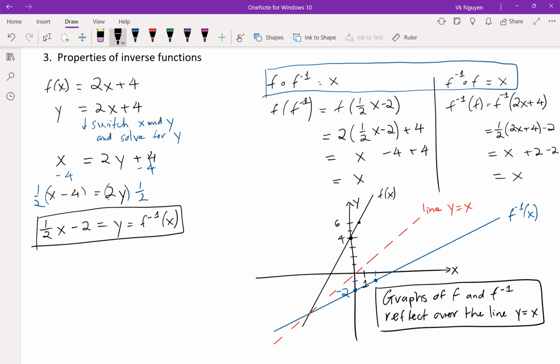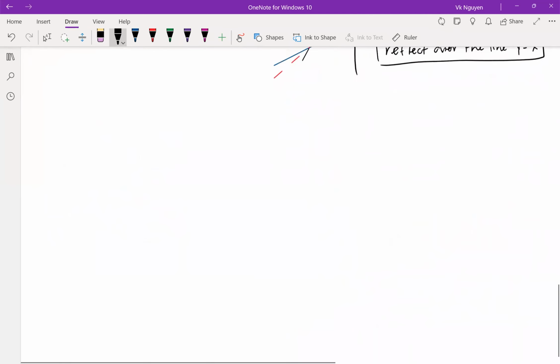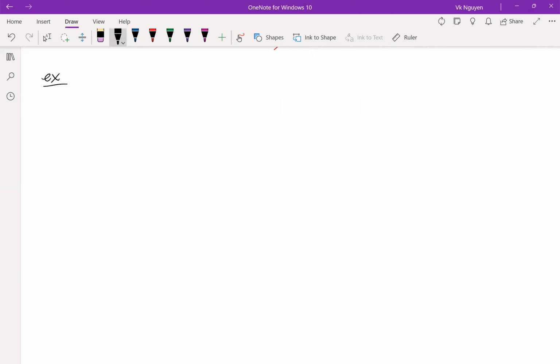Take a look at another example. Say we have f(x) equal to x to the 3. This is a one-to-one function because one input gives only one output. We can figure out the inverse function.